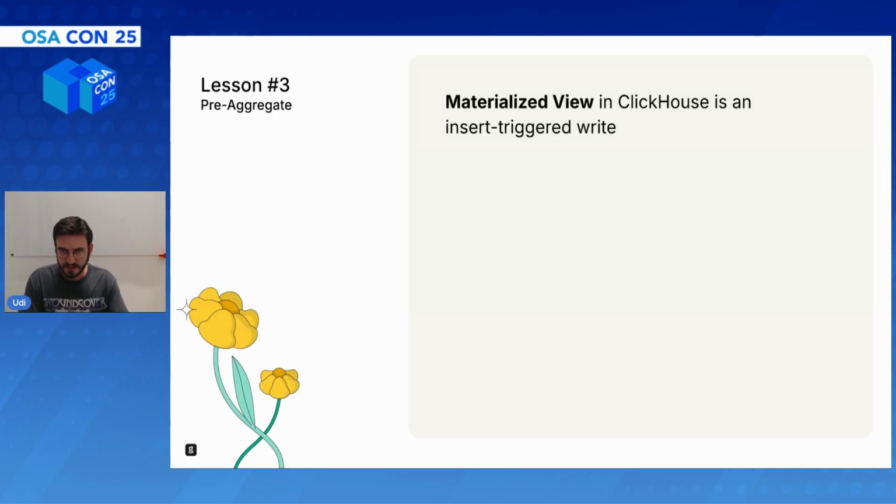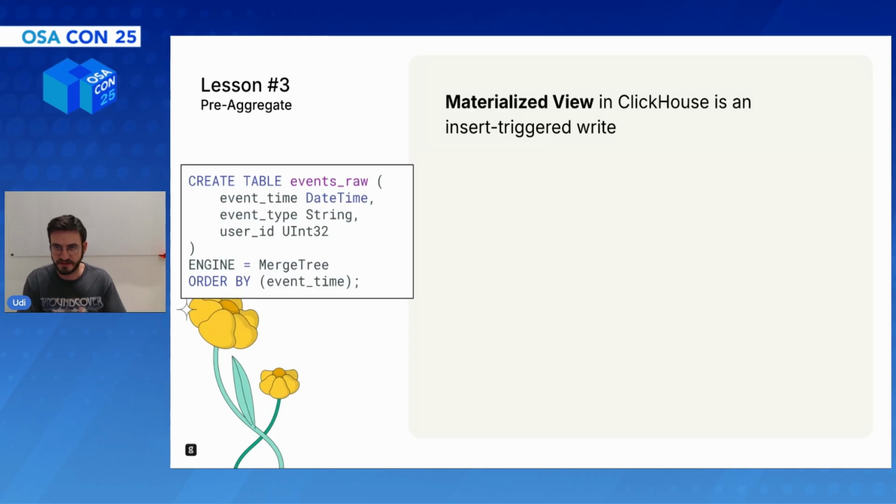For example, let's say we have this events table of raw events, and we frequently need to know how many events there were for each event type. This table can go, for example, years backwards. It can be a very, very large table.